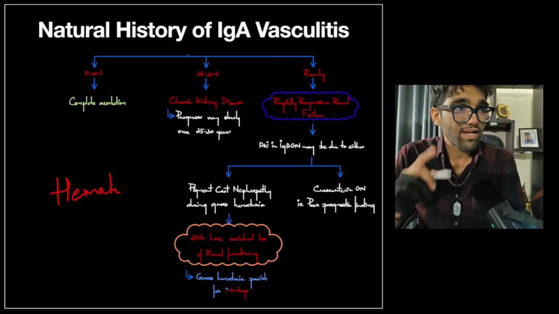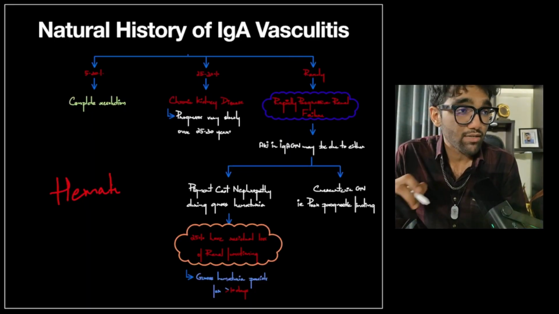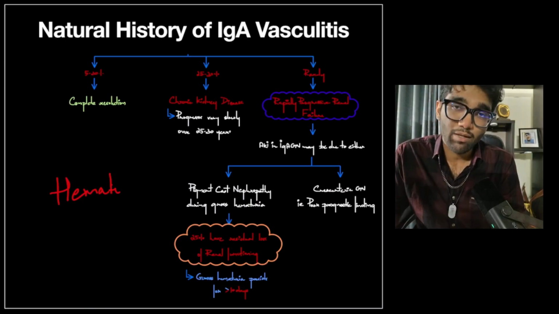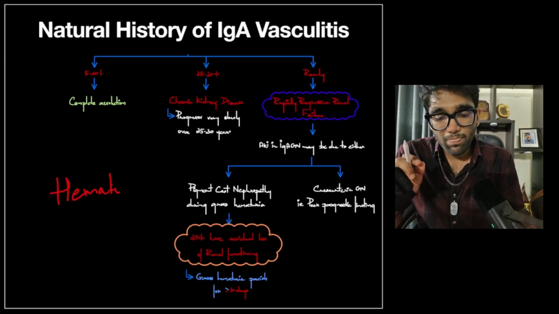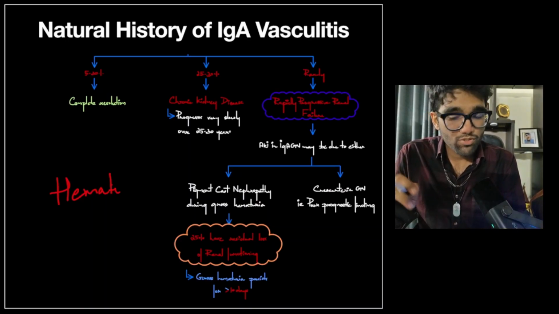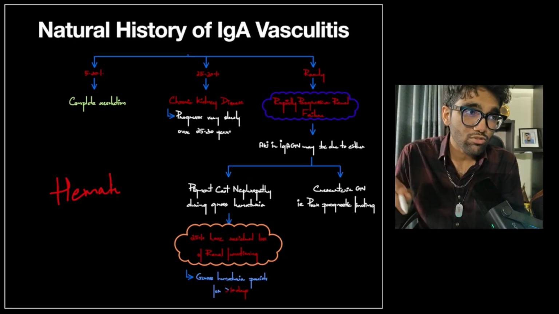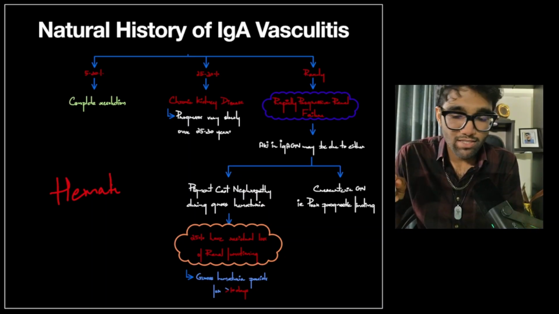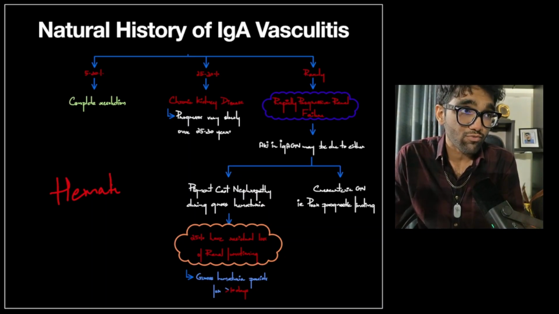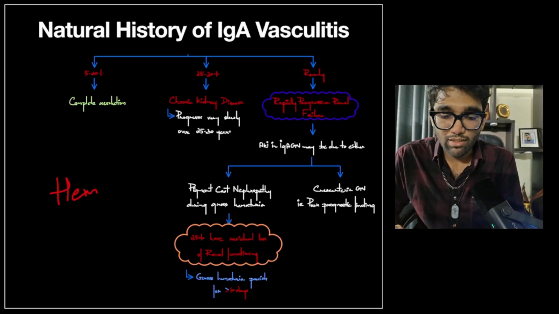One is microscopic hematuria is epidemiologically associated with worse prognosis because the patient doesn't come to you in time. And macroscopic hematuria lasting for more than 10 days also can result in pigment cast nephropathy, which in one out of four such patients would cause persistent renal dysfunction.